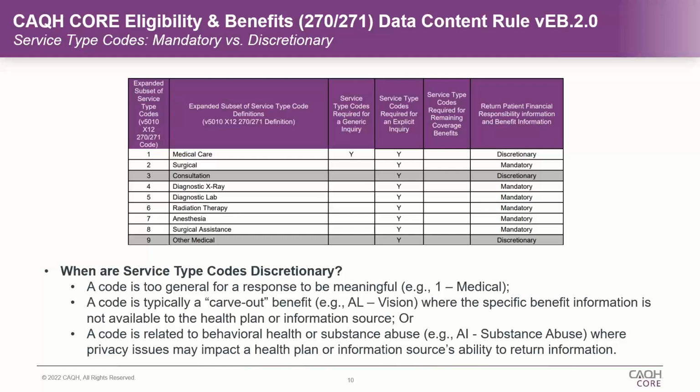If the payer actually got 69 in first, it's likely that one's going to get processed and the other ones may not. So right now in 5010, there's no guarantee that a payer will support more than one service type code. And with that, there could be a chance that there's some unanswered questions that were submitted on a 270, and that could lead to some confusion when the response is returned to the provider.